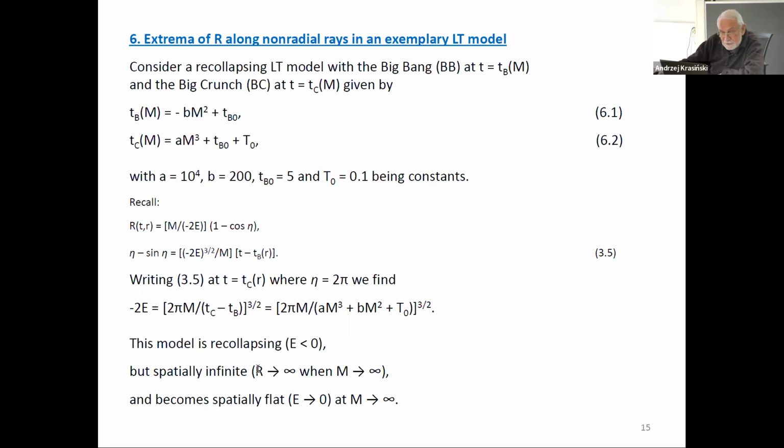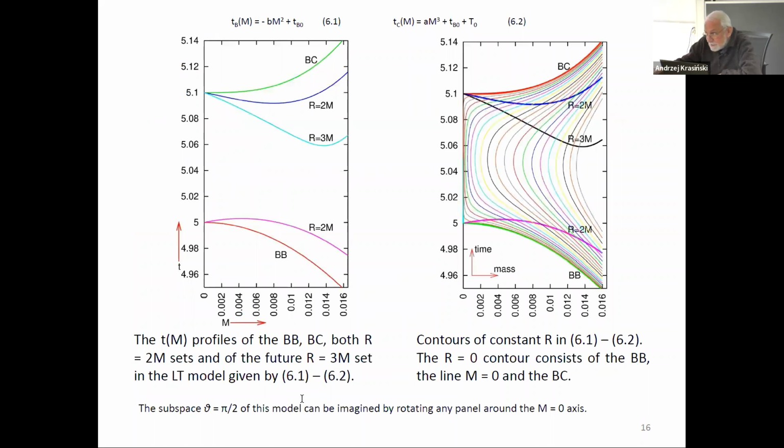So this model has infinite size, but at infinity it becomes spatially flat. Well, it's a fictitious model. It's not a model of any physical object, but it proved useful for several theoretical considerations before. So that's why I used it here.